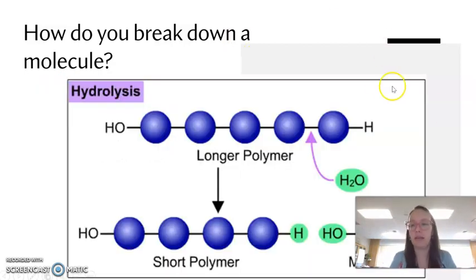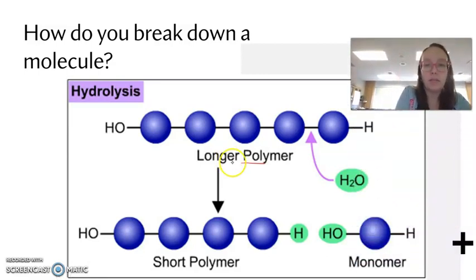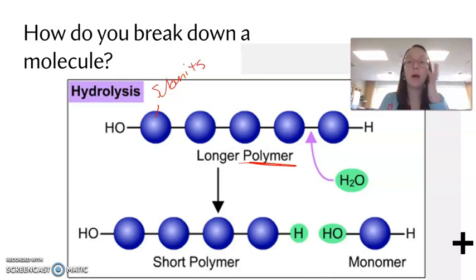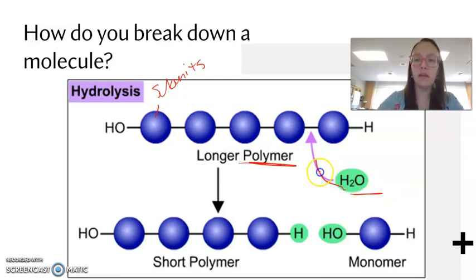What does that look like? Let's take a look. Let's move this here so you can see it. So up here I've got my polymer. These are my subunits. So I've got 1, 2, 3, 4, 5 subunits in my polymer, 5 monomers. So what happens is I have water, and water will come in and it will bombard that bond.